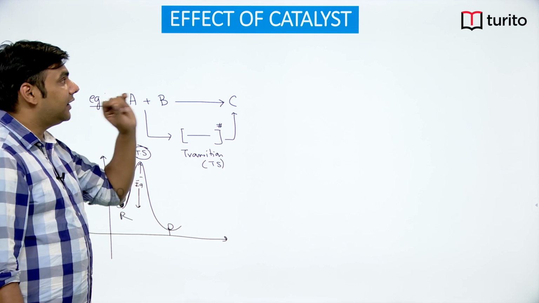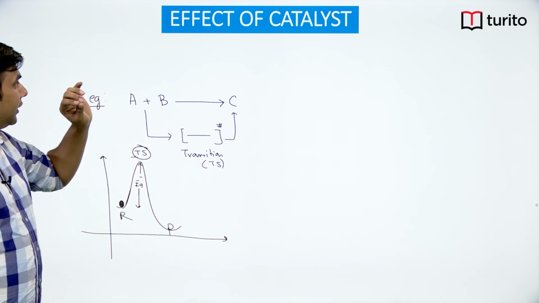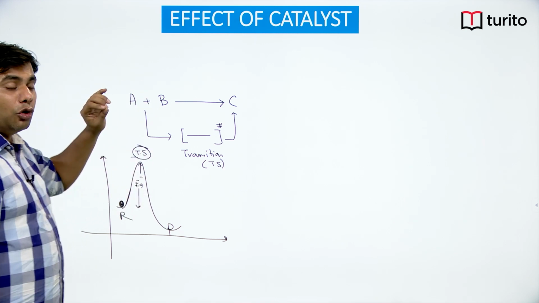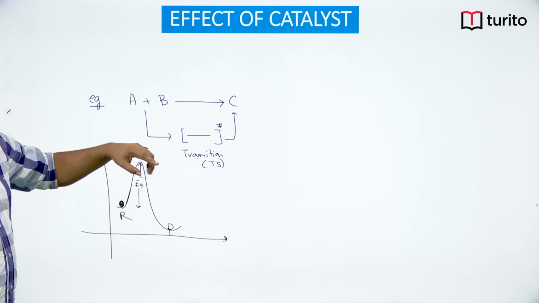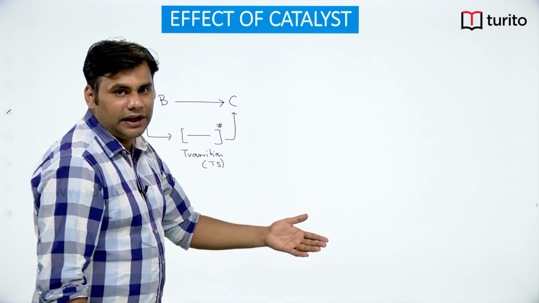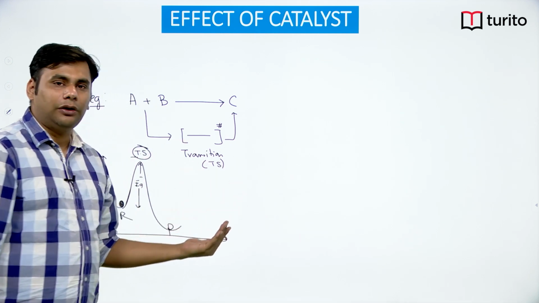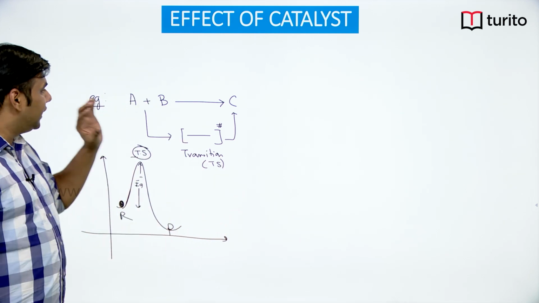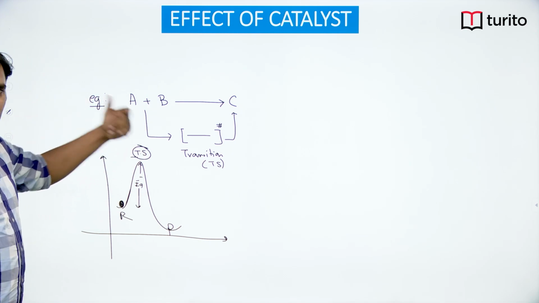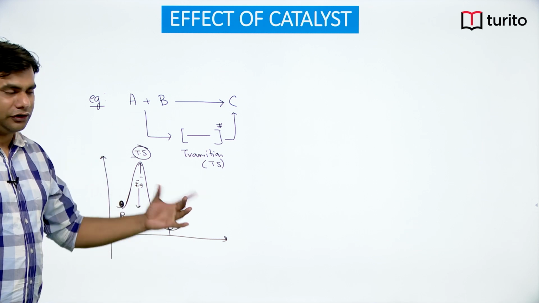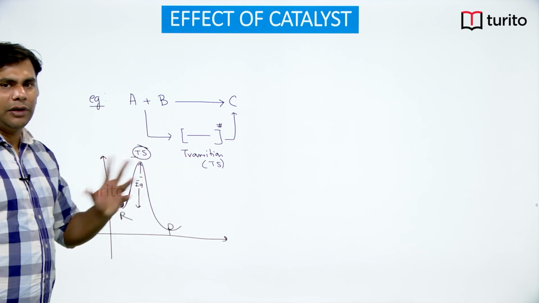Basically what the catalyst does is it goes and stabilizes the transition state. Initially the catalyst participates in the reaction, it might get bound to the reactant, and then it stabilizes the transition state through binding, through donating electrons, through stabilizing the charges. There are many factors.